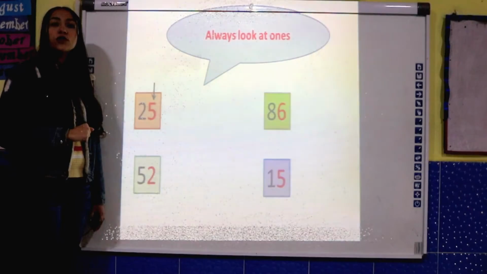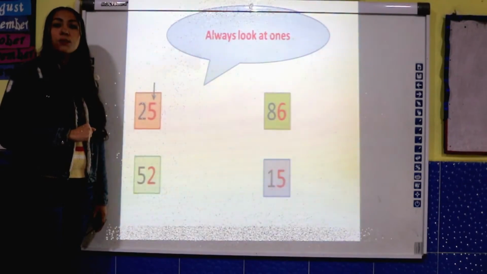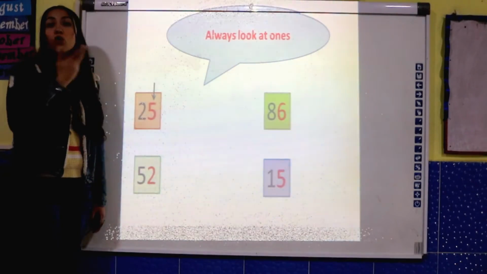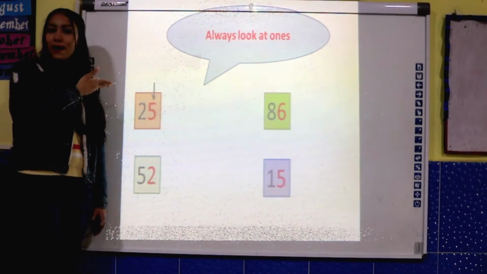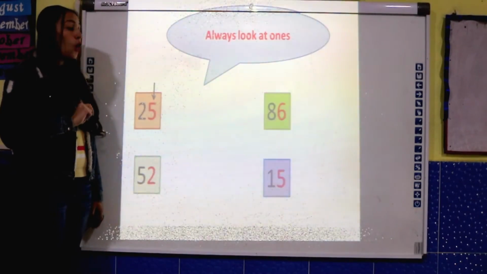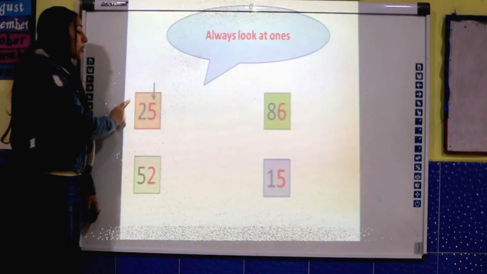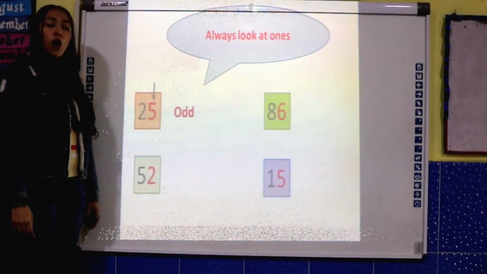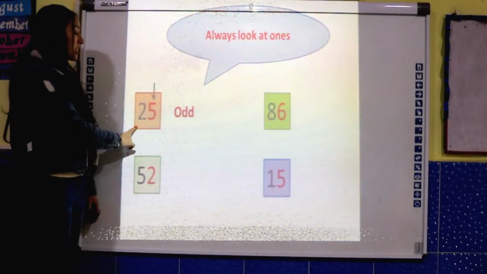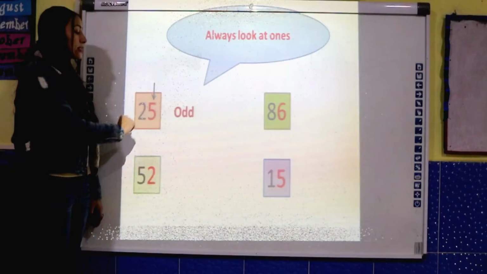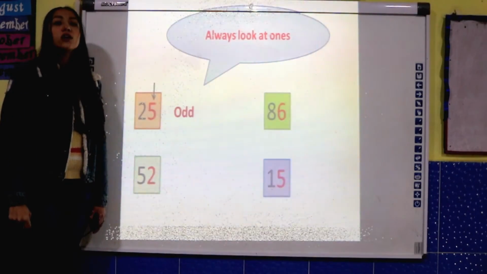Which number do you have here in ones? Yes, number 5. Do you remember number 5 is an odd number or an even number? Amazing, odd number. So, when you find that the number in ones is an odd number, all the number will be an odd number. So, 25 is an odd number because I have number 5 in ones and number 5 is an odd number.